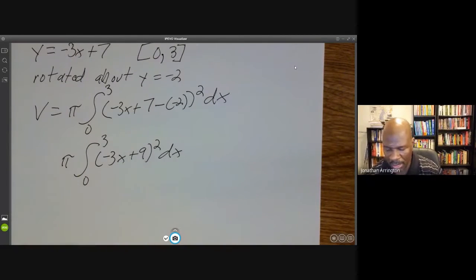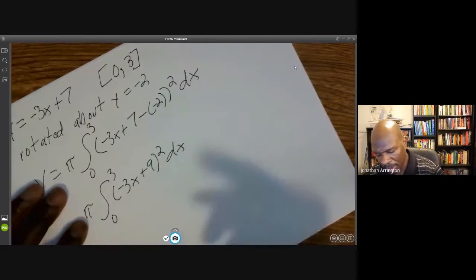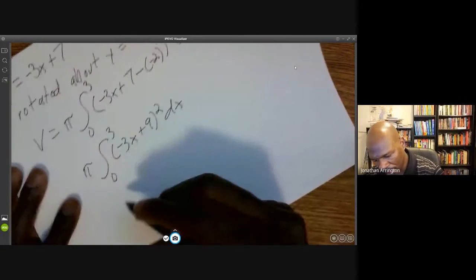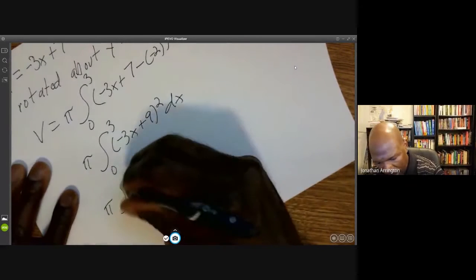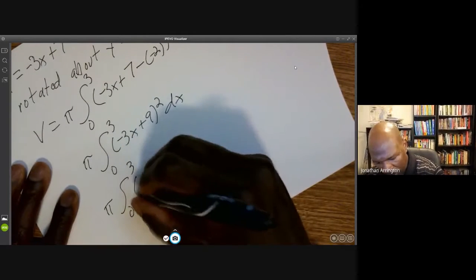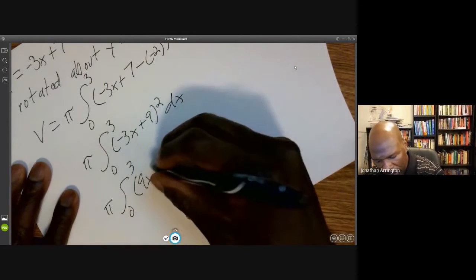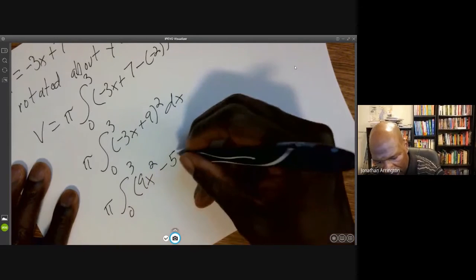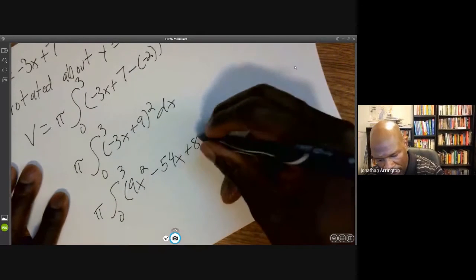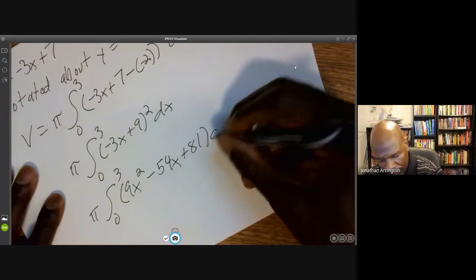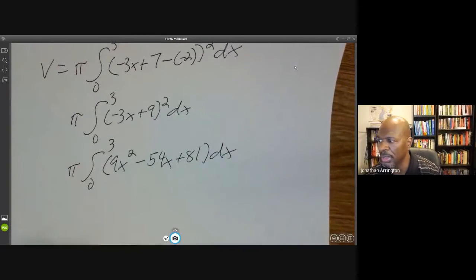So I'm going to go ahead and expand this, and then, of course, integrate it. When I expand this, I should get pi times the integral from 0 to 3 of 9x squared minus 54x plus 81 dx.